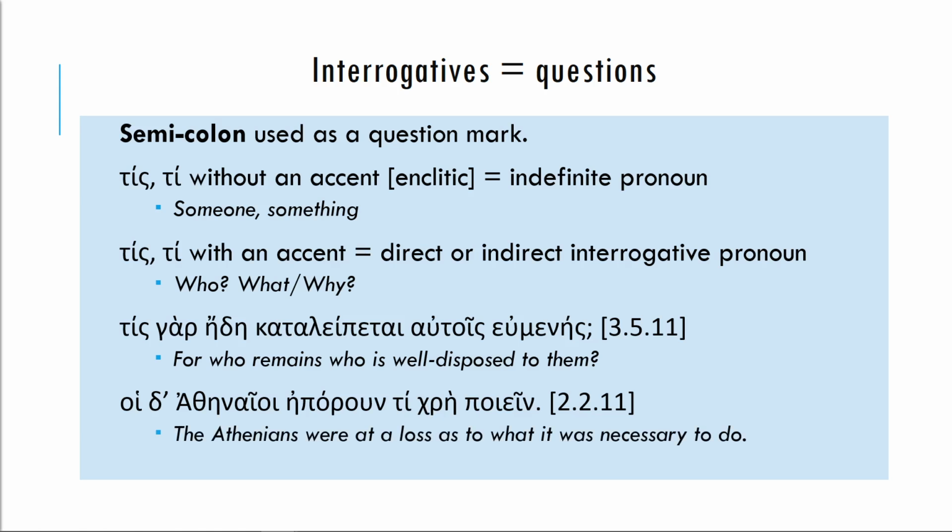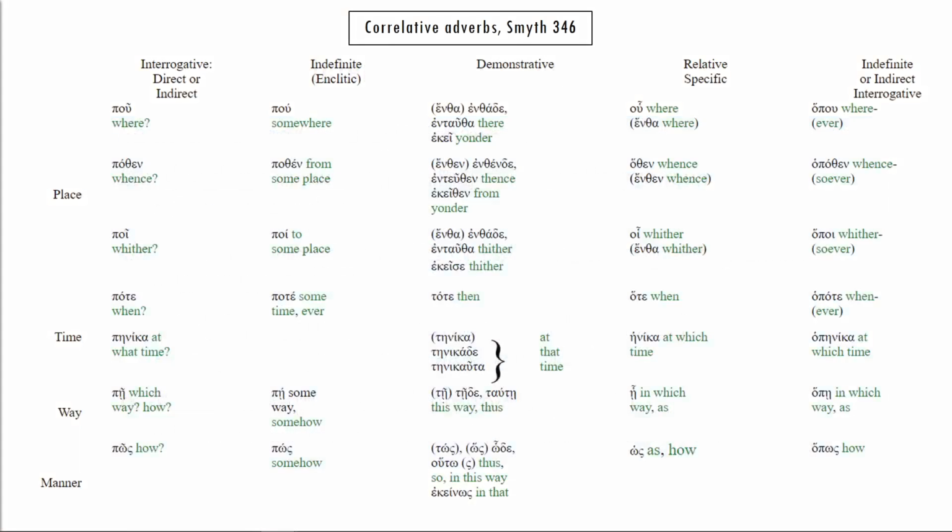So we have that. And likewise, there are correlative adverbs. We've seen a lot of these already. We've seen enthade, we've seen ekeithen, we've seen enthende, right? We've seen a lot of these already. I want to point out hopou, wherever, is fairly common. Pou shows up quite a lot as well, especially in the enclitic form: somehow, somewhere, kind of put in the sentence.